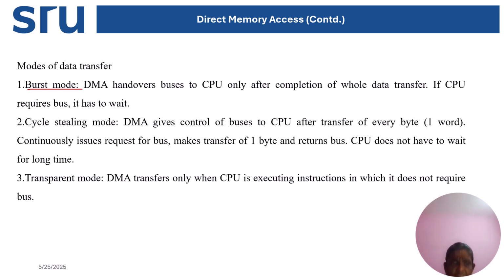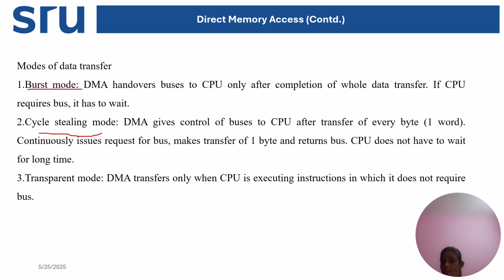And in the second, cycle stealing mode. Cycle stealing means after one byte of transfer, DMA gives the bus back to the CPU. So at that time, if the CPU wants to perform a high priority interrupt, then it will perform it, and then again it will be with the CPU, and once again the DMA takes the bus and transfers one byte of data, again giving it to the CPU.